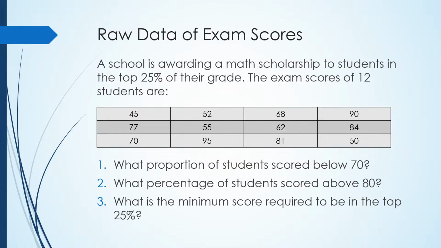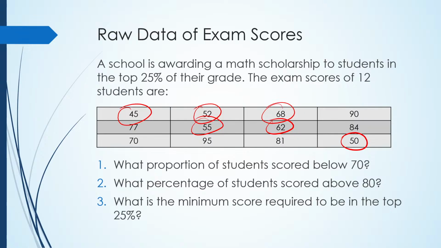To do this, all we have to do is just identify how many of them are below 70. So we're seeing here, this is below 70, this below 70, below, and this here is below. Now, we're not looking at 70 because they want only those below 70, right? So 70 and above is good. Below 70, not good.